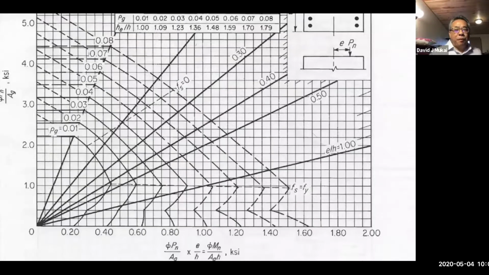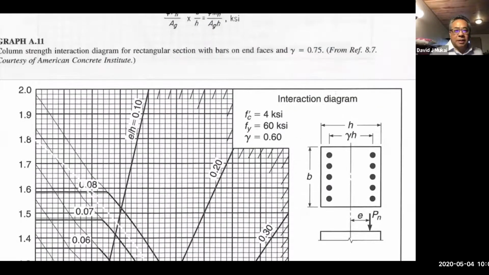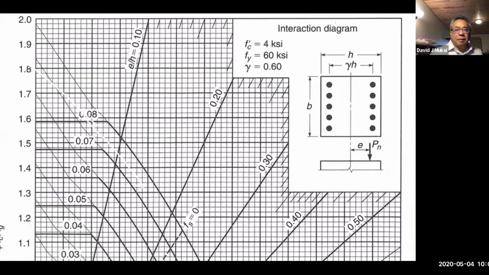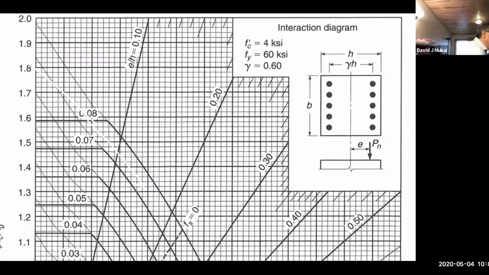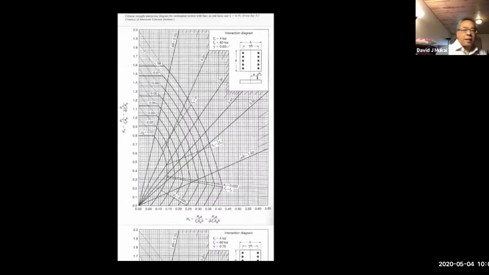Then I have 4 from the back of the textbook, and this is gamma's 0.6. And these do not have that funny thing down there. These do not have the phi in them. Okay, so they're Pn, not phi Pn.